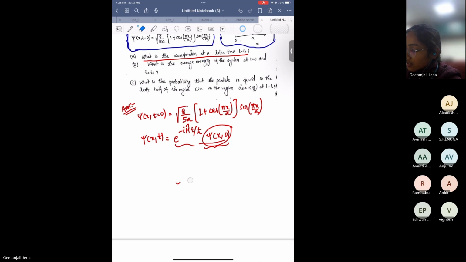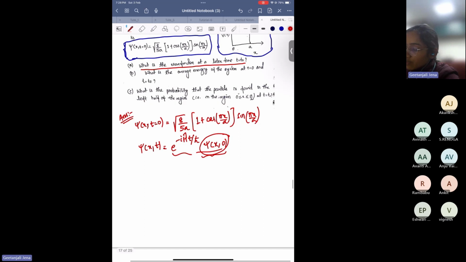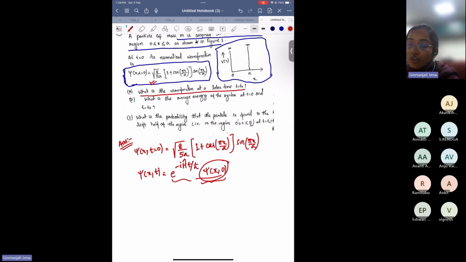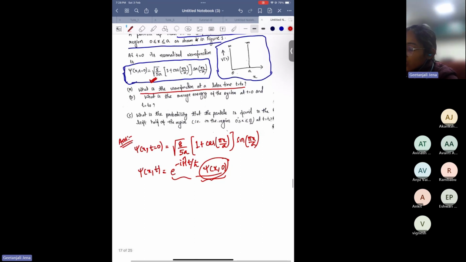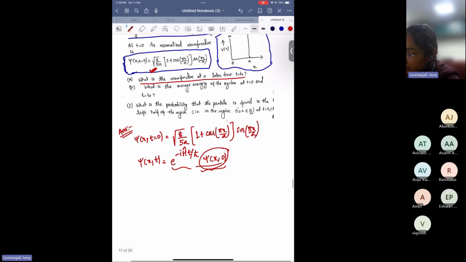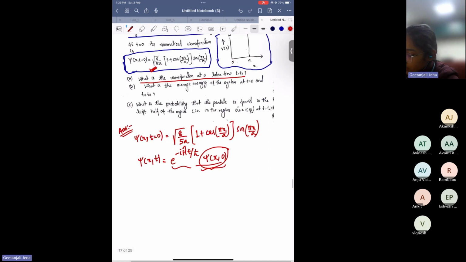So now you have to express this equation in terms of normalized wave functions. It is not expressed in terms of normalized wave functions, so you have to express it first. For the 1D potential well, what is the normalized wave function expression?